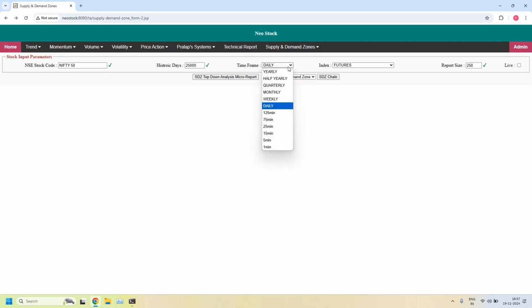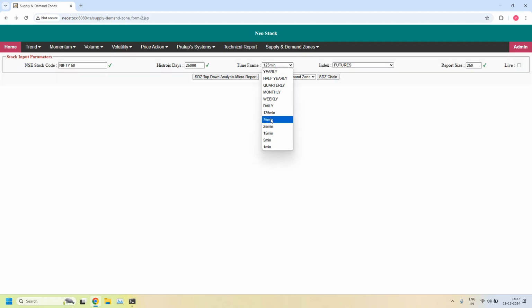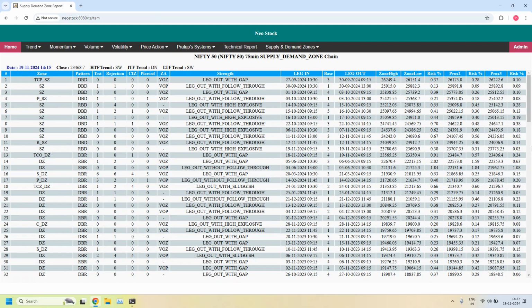Next time frame is 125 minutes. 125 minutes supply demand zone chain for NIFTY. Next time frame is 75 minutes. 75 minutes supply demand zone chain for NIFTY.